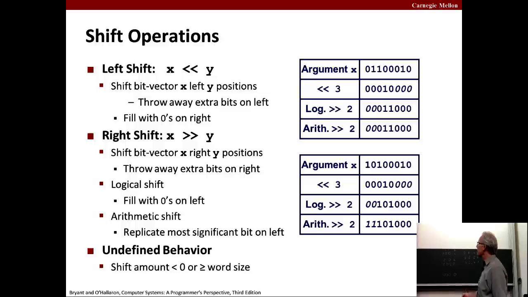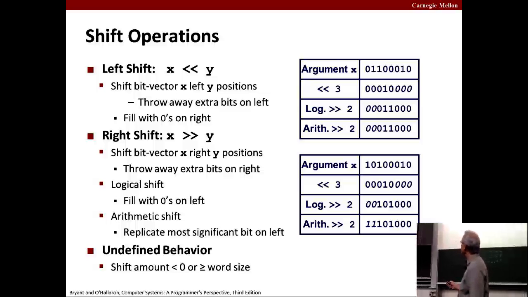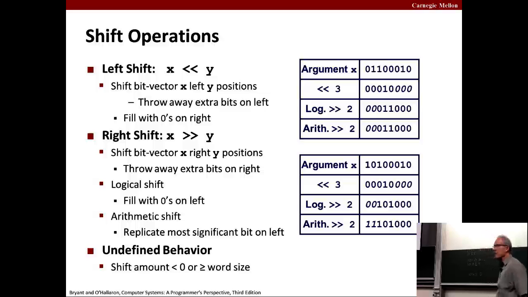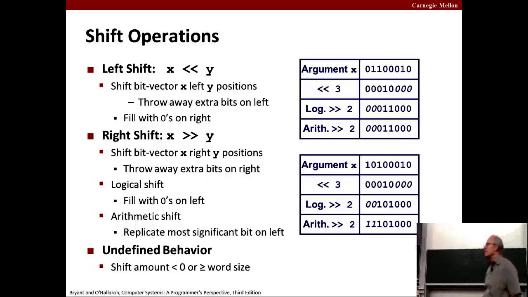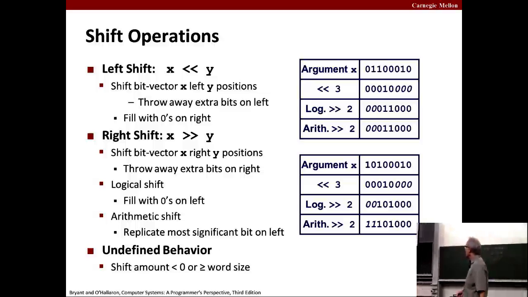But in the case where the leading bit was a 1, when I shift it to the right arithmetically, I'll fill it in with 1s. That will make more sense when we understand how negative numbers get represented in a machine, and that's the purpose of it and why it's called arithmetic.